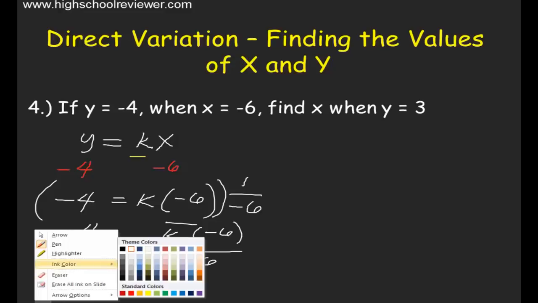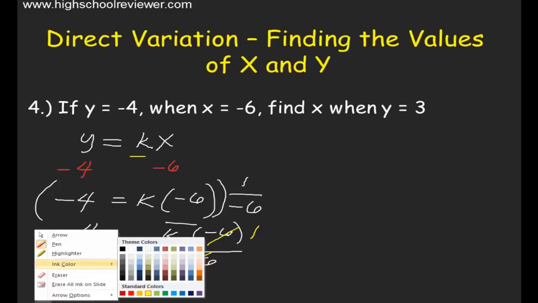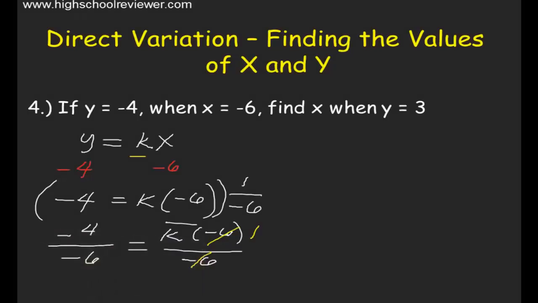Negative 6 divided by negative 6 is positive 1, and negative 4 divided by negative 6 is positive 2 over 3. And this is equal to 1 times k, of course, that is k.